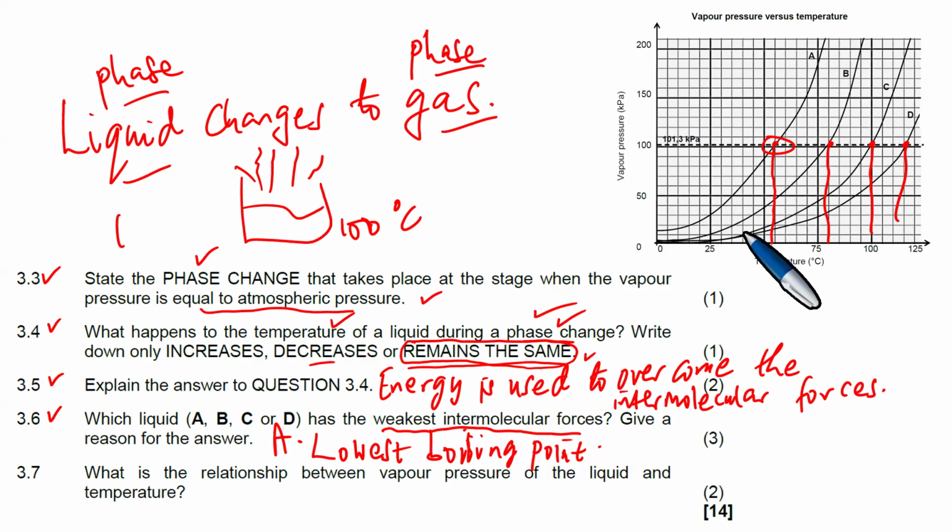We continue. Next, 3.7. In 3.7, the question is saying, what is the relationship between vapor pressure of the liquid and temperature?